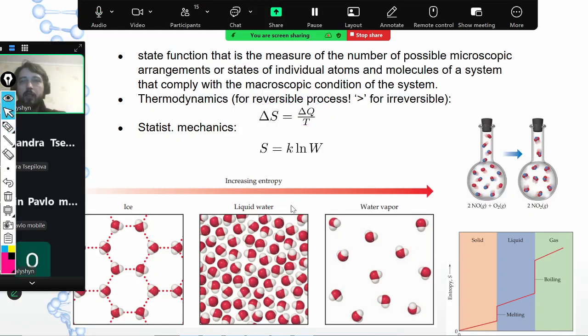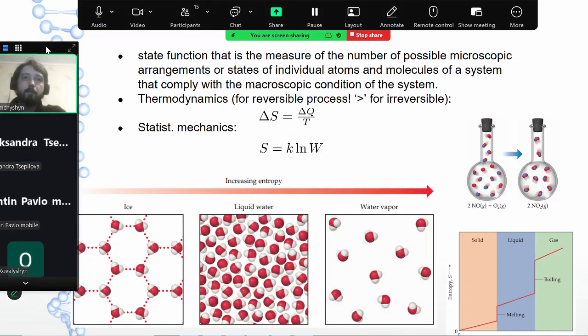Here you see an example of increasing entropy. Sometimes people define entropy as a measure for, let's say, chaos in the system, but it's not quite physical, so we better stick to the more physical definition through microstates.